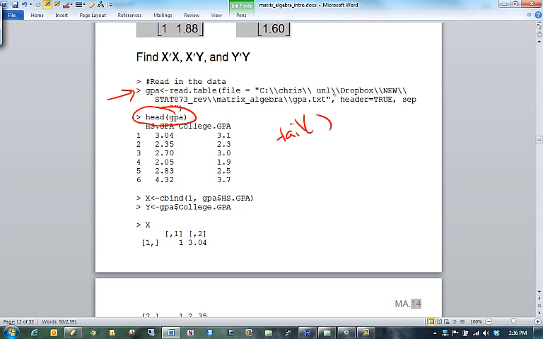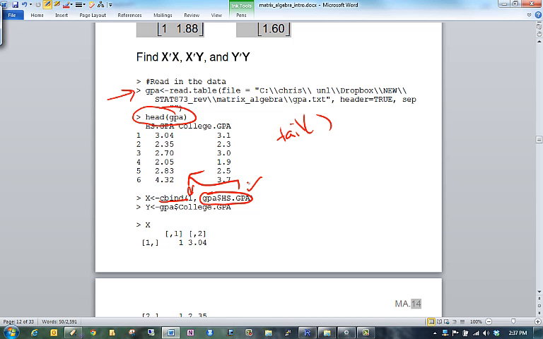To create my X matrix, I'm going to use a function called cbind. This means combine items by column. So I'm going to pull out my high school GPAs from my data frame, and I'm going to put that in the second column of a new matrix where the first column just has 1s in it.